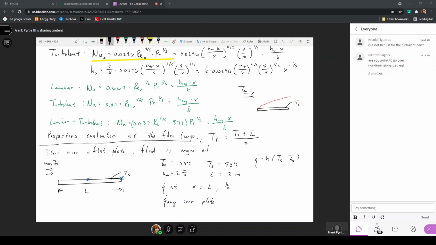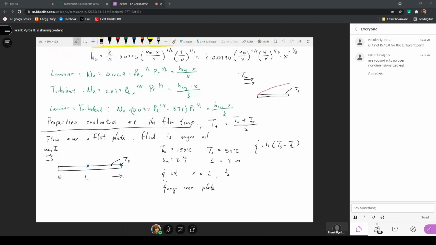So with this being flow over a flat plate, we'll reference the correlations that I just presented and choose them appropriately based on the conditions that exist in the problem. Now here, to determine the heat transfer coefficient at x equals L over 2 and at x equals L, we have to consider, is the flow laminar or turbulent at x equals L over 2? Is the flow laminar or turbulent at x equals L?